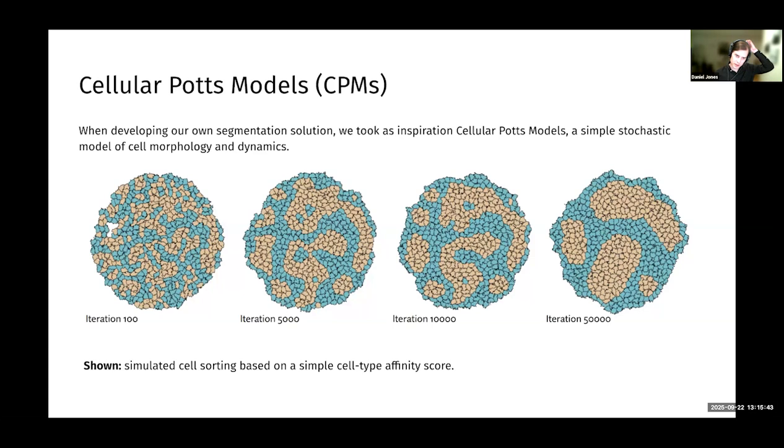The inspiration I took for trying to come up with a new segmentation algorithm was an interesting niche corner of the literature that I found called cellular Potts models. The idea here was to build very simple simulations of cells.